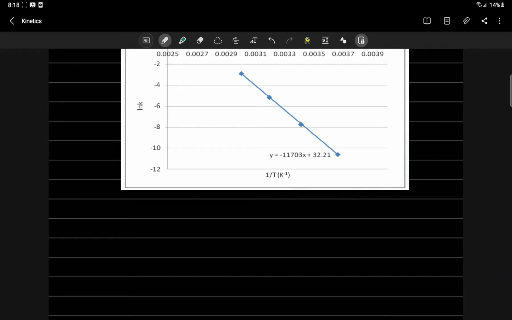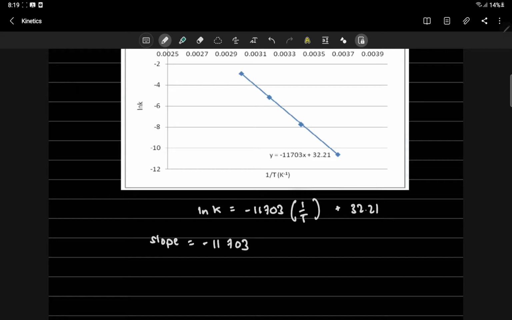So yung y equals negative 11,703x plus 32.21, or we can rewrite it as ln of k is equal to negative 11,703 times 1 over T, okay, plus 32.21. So as you can see, the slope in this plot is equal to minus 11,703.